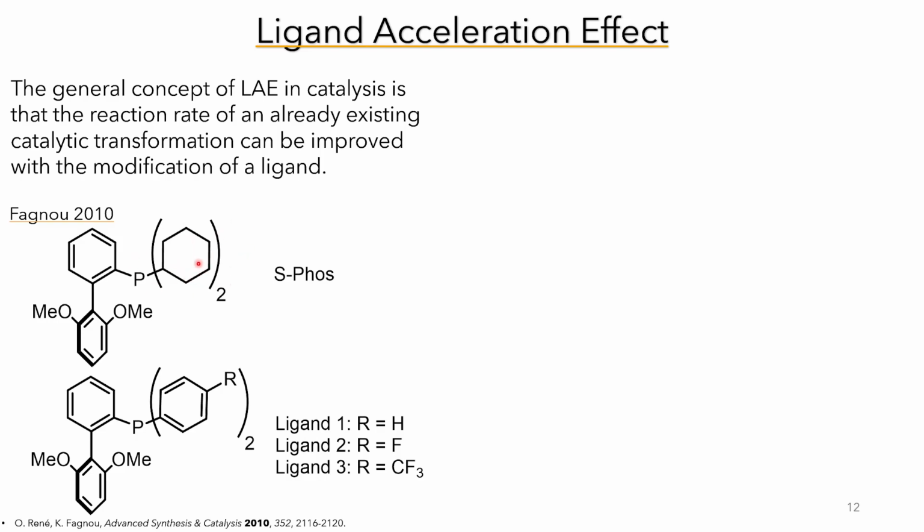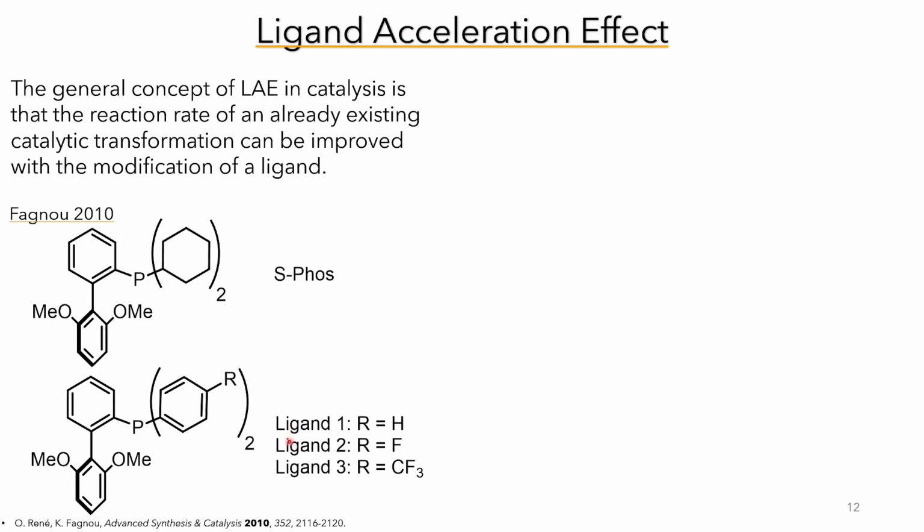The S-Phos ligand here, based on the popular biaryl Buchwald type phosphine ligand, was synthesized, and the CF3 group, as well as the fluorine and the typical aryl, were made here as ligands 1, 2, and 3.